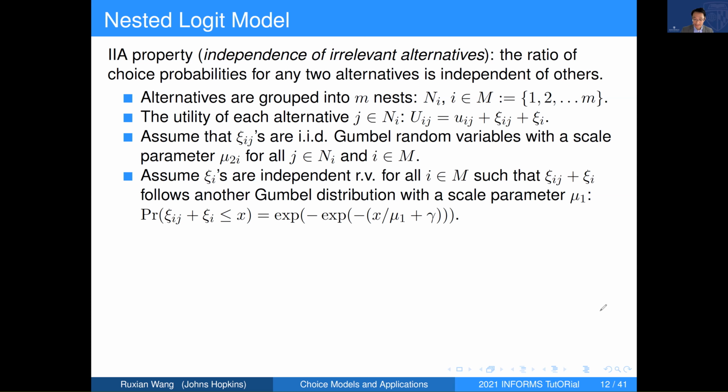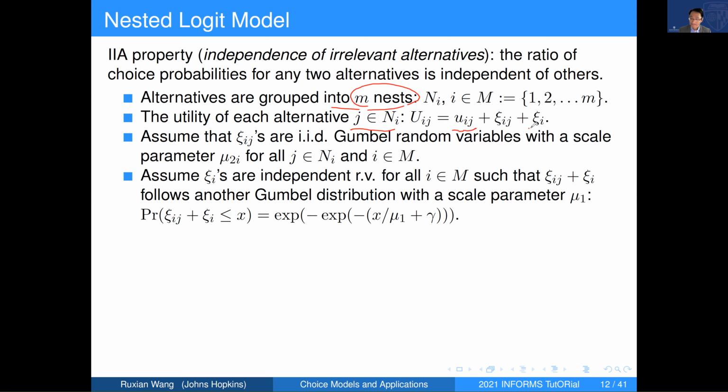Basically, here we say the products, the alternatives, can be grouped into M nests. And the utility for any alternative j in nest i can be divided into three terms. The first term, U_ij, we can still call the nominal utility, as it is deterministic. And we have two random terms.